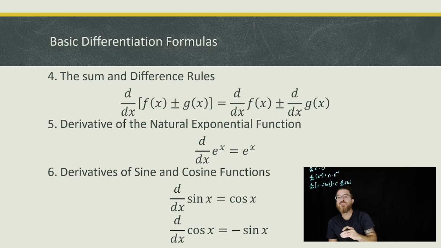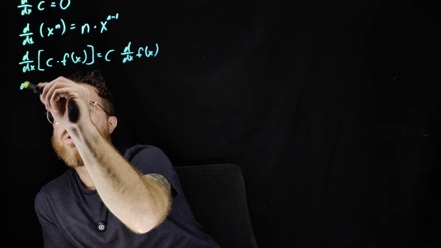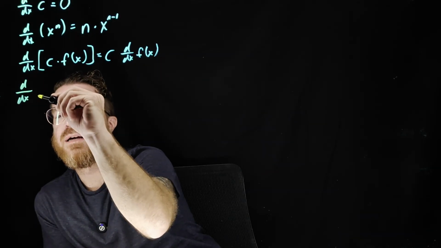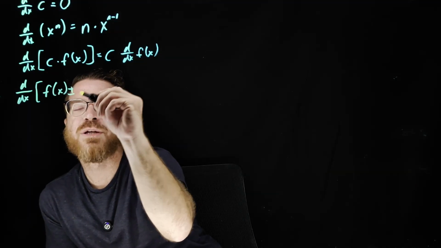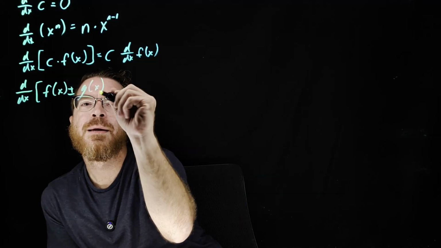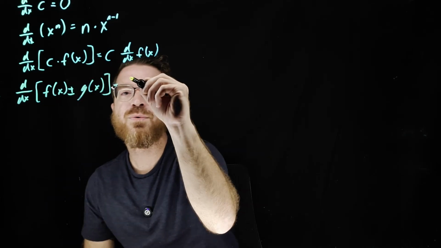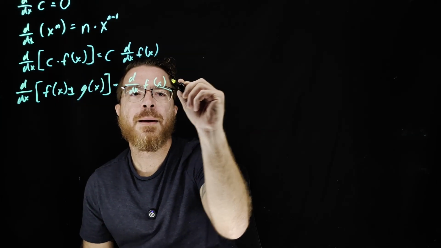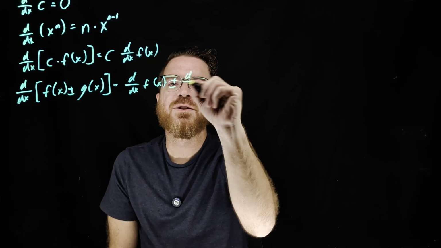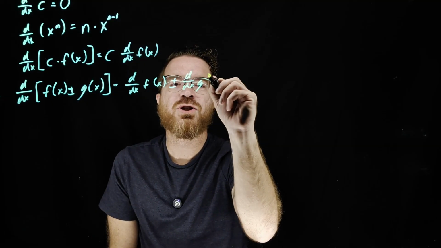Okay, so now we have the sum and difference rules, which is to say, if I have the derivative d dx of two functions, f of x plus or minus g of x, this is going to be equal to the derivative of f of x plus or minus the derivative of g of x.